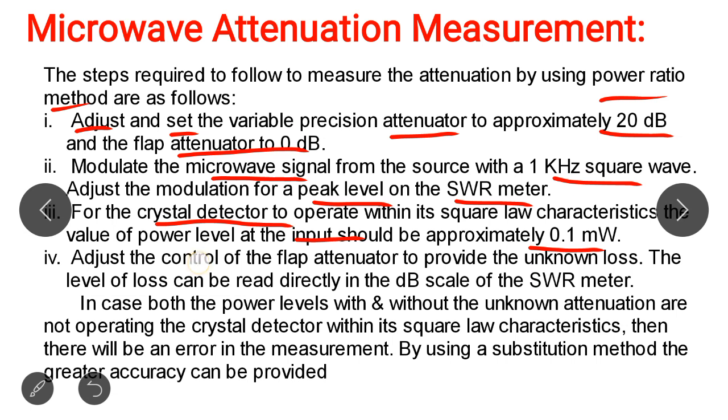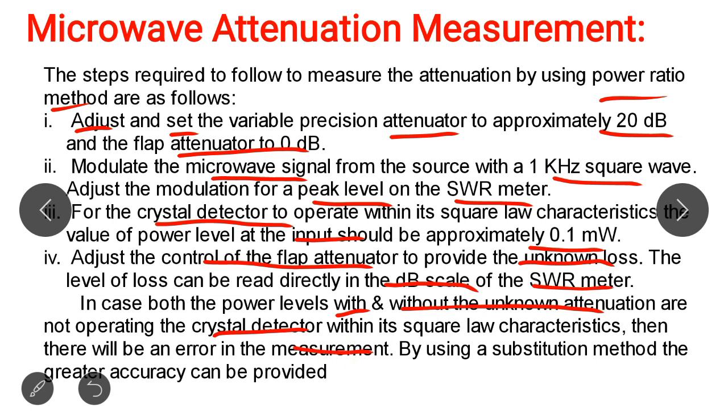Next, adjust the control of the flap attenuator to provide an unknown loss, and the level of loss can be directly measured in the dB scale with the help of the VSWR meter. In case the power levels with and without the unknown attenuation are not operating the crystal detector within the square law characteristic, then there will be an error in the measurement.